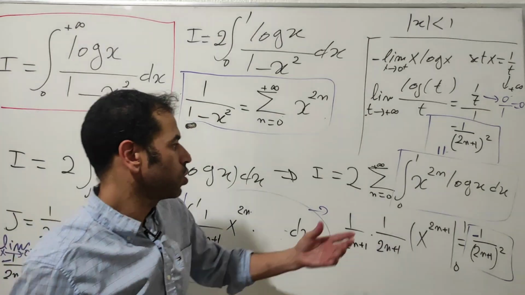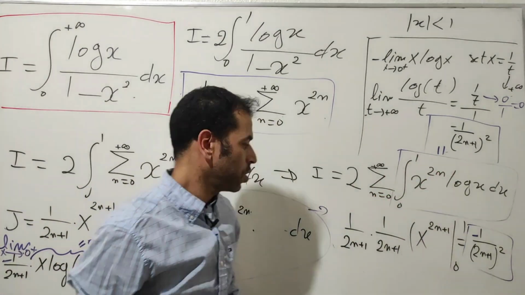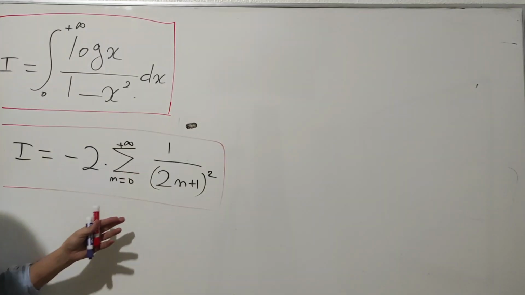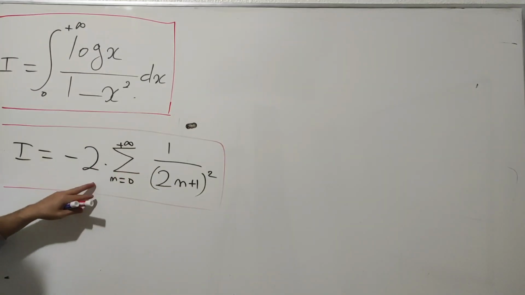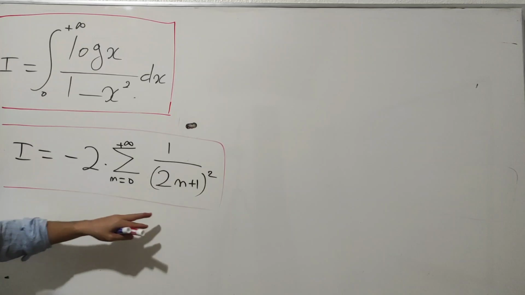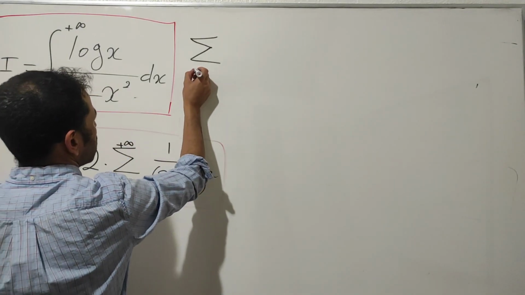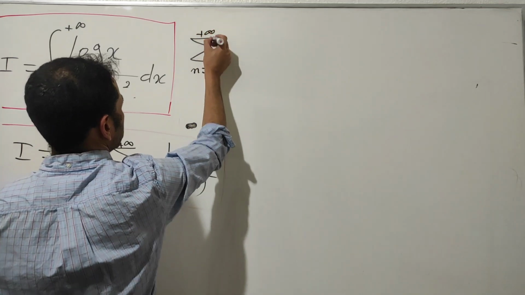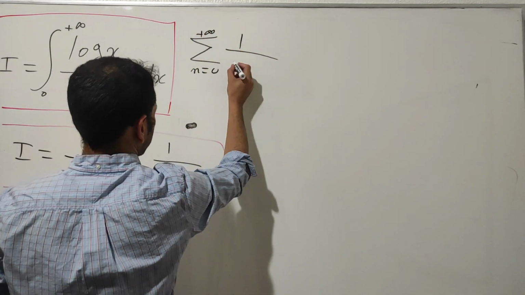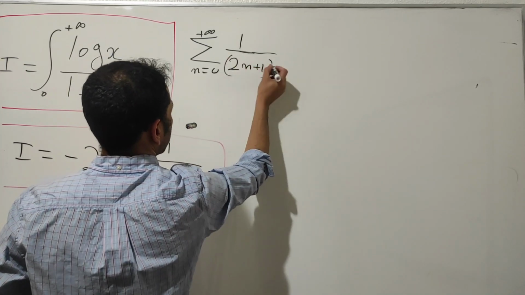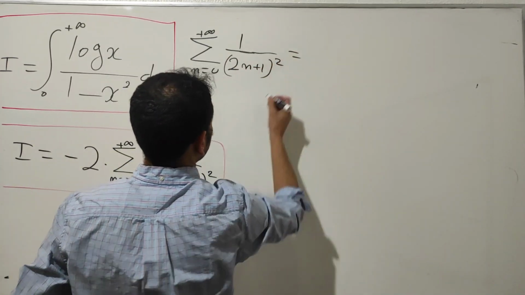Now we are going to evaluate the sum of this one. We did the necessary steps and we end up with this expression. So now we just need to evaluate the sum as n goes from 0 to plus infinity of 1 over (2n plus 1) quantity squared.